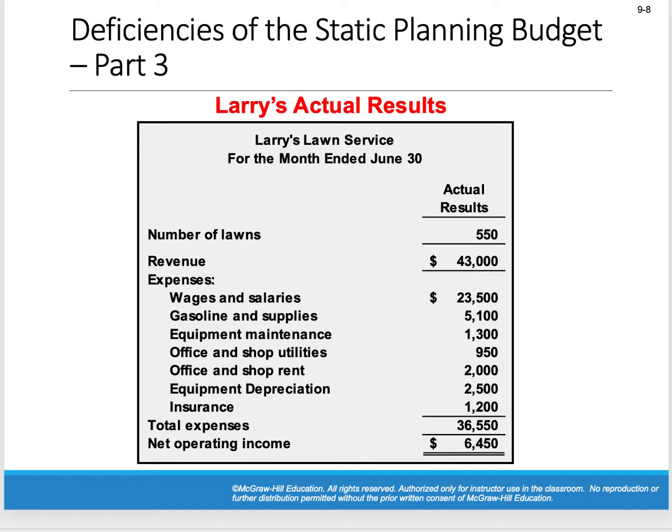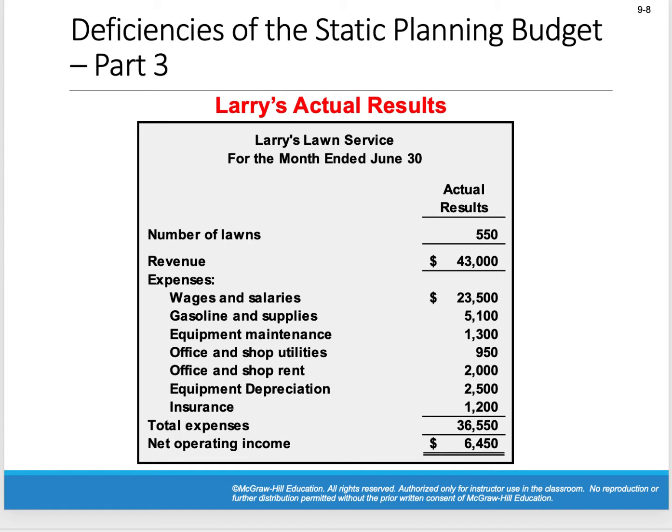His equipment and maintenance are going to be higher. Now, you might ask me, excuse me, how do I know this, right? How do I know it's higher or lower? I'm assuming, right? Because it makes sense that the more lawns he cuts, the higher his expenses are going to be, okay?